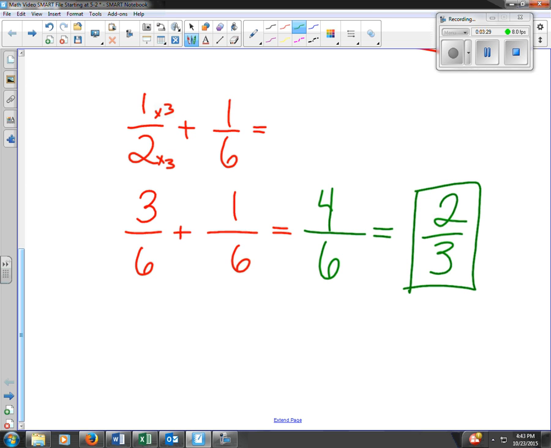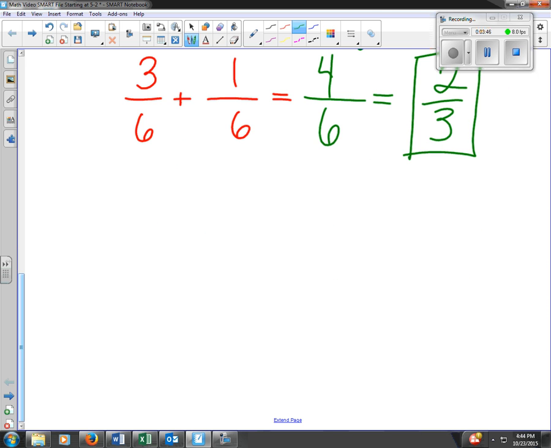And you're done. 2/3 is your answer. You always need simplest form. Always simplify.